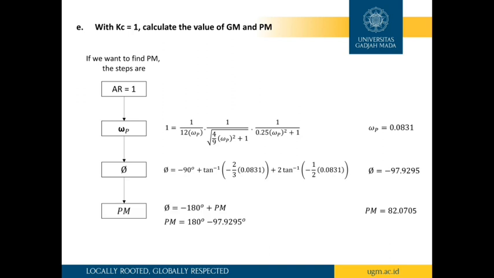And last, we get the value of Pm with the equation Pm equal to 180 degrees plus the phase value, equal to 82.0705.